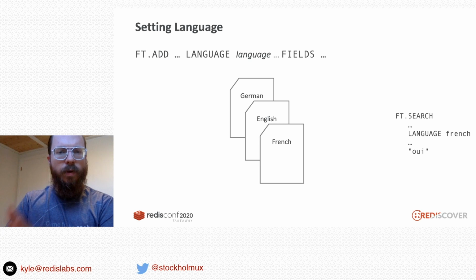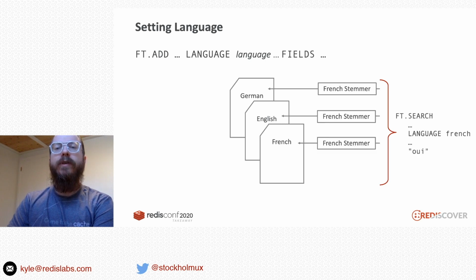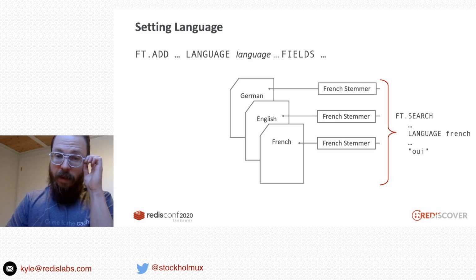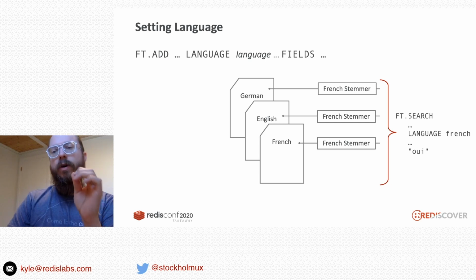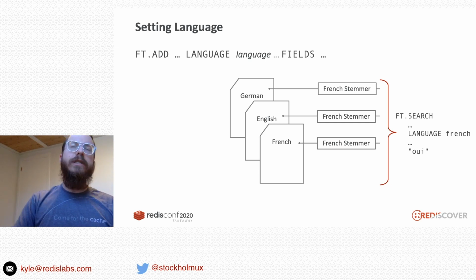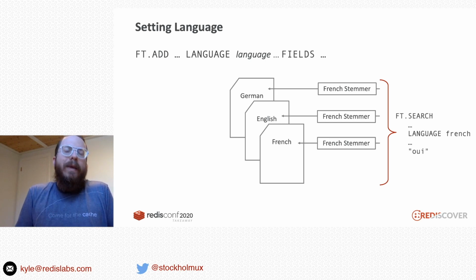So a multilingual index here. When we do this, the search is going to apply the French stemmer for any document in a given language. So in this case, it is going to ask, does oui with a French stem match this German document? But the search is not aware of the document settings of the language. So it's going to do the same thing for English and for French.